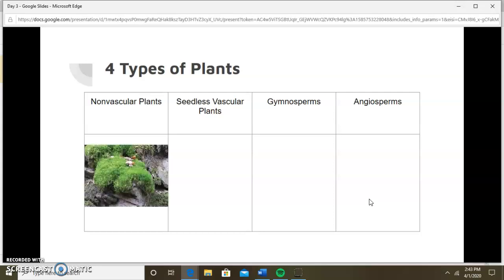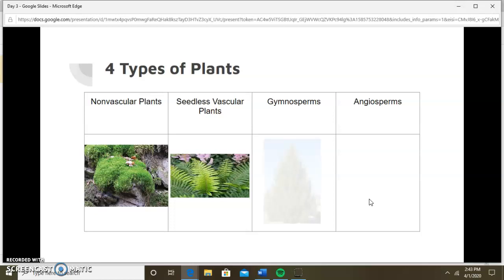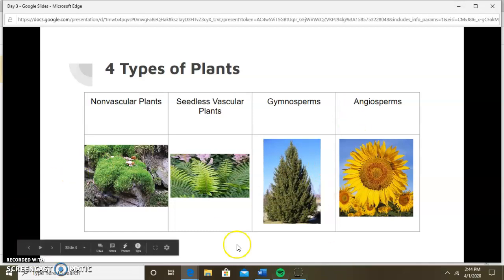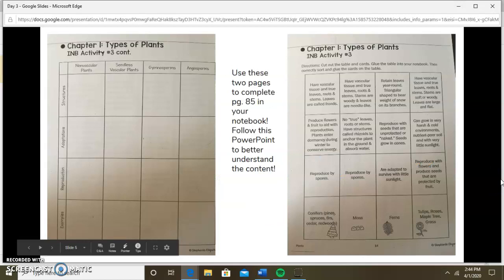Non-vascular plants are like mosses, seedless vascular plants are like ferns, gymnosperms are like your Christmas trees, and angiosperms are many different types of flowers. But we'll go more in depth with that there. Okay, just so you know kind of what they look like in that retrospect.